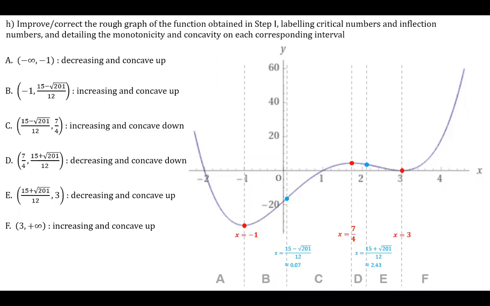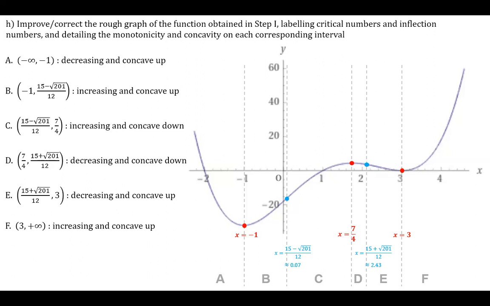Then label the 2 inflection numbers, which are x approximately 0.07, which is here, and x approximately 2.43, which is here. The 2 inflection numbers are highlighted in blue.